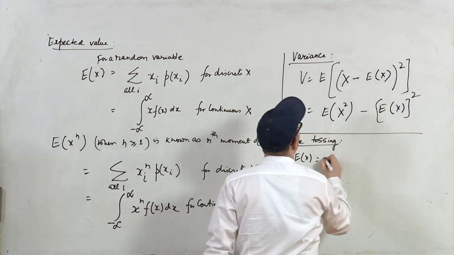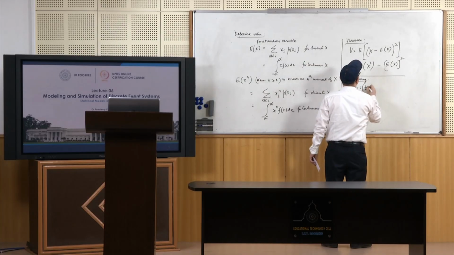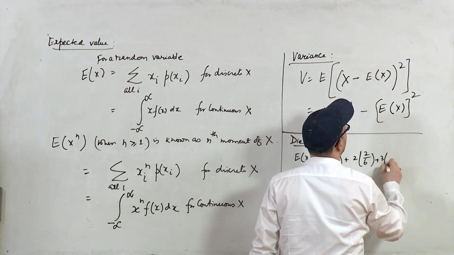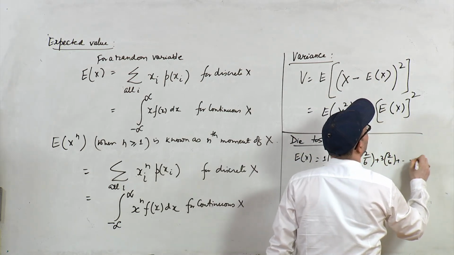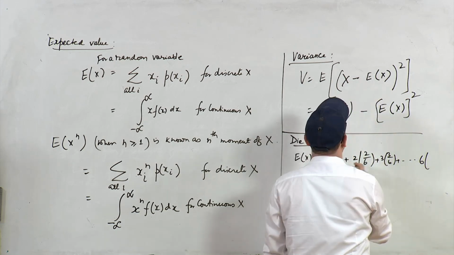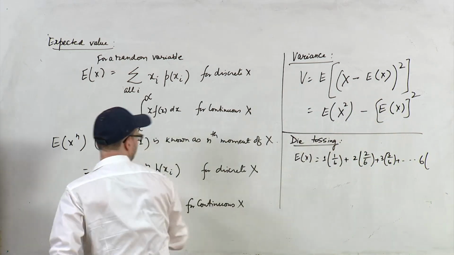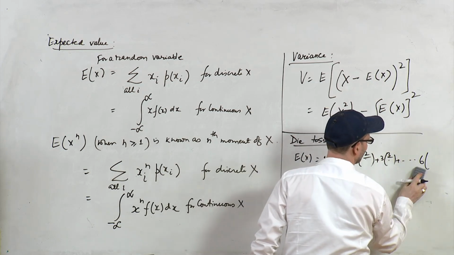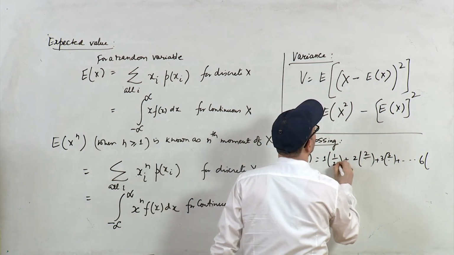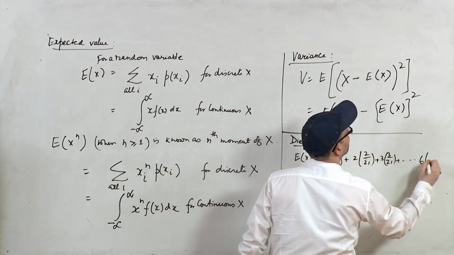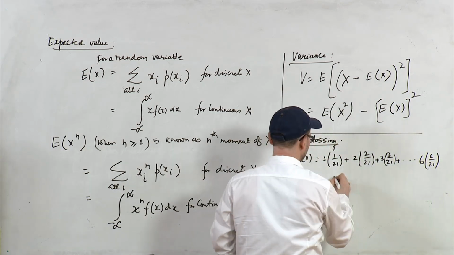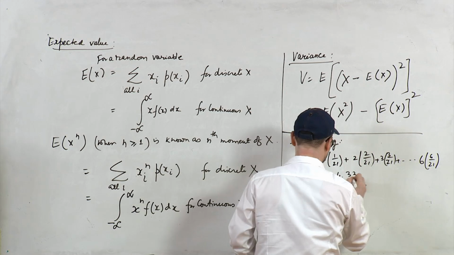So, 1 times 1 by 21, 2 times 2 by 21, 3 times 3 by 21, like that, 6 times 6 by 21. The numerator sums to 91 over 21, and that comes to 4.33.